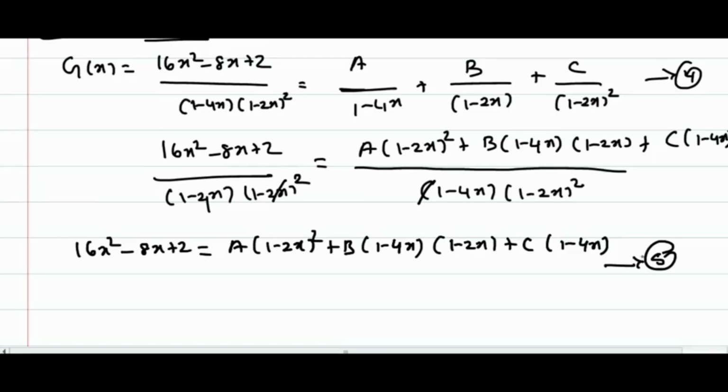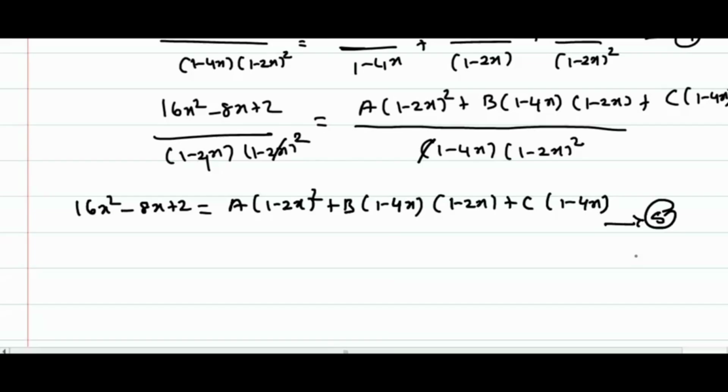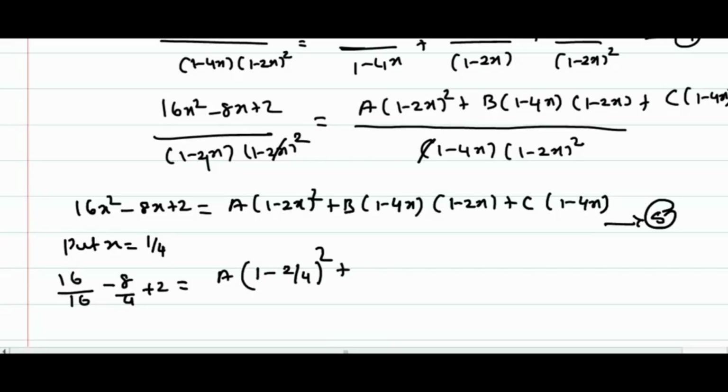So using equation 5, I am going to find the A, B, C values. Okay, first I am going to put x equal to 1 by 4, substitute x equal to 1 by 4 in equation number 5. We get 16 by 16 minus 8 by 4 plus 2 equal to A into 1 minus 2 by 4 whole square plus, here how does the substitution work? 1 minus 4 by 4, the 4s get cancelled, we get 1 minus 1, that is 0.